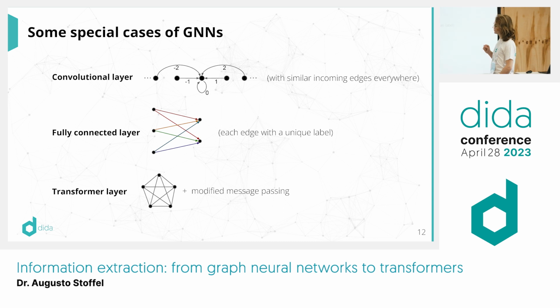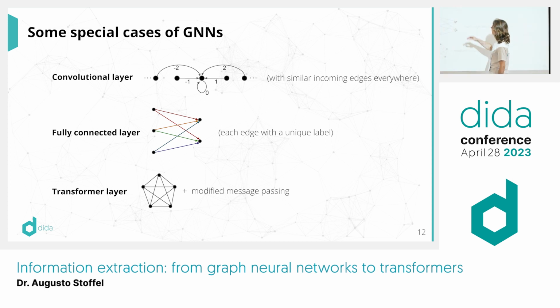Yeah. So the interesting thing about this GNN layer I showed you is that it takes as input graphs of any shape, an arbitrary shape. But if I fix my graph, then this formula from the previous slide recovers some well-known things, right?